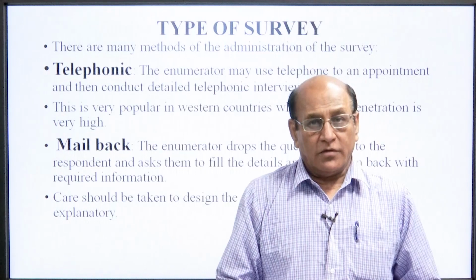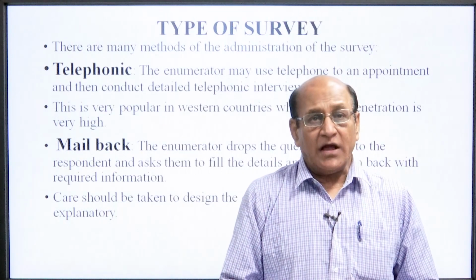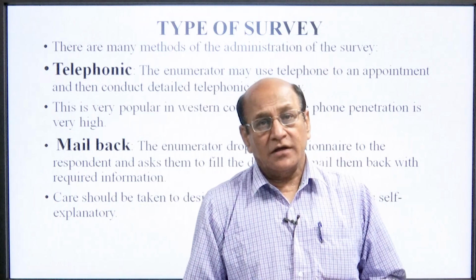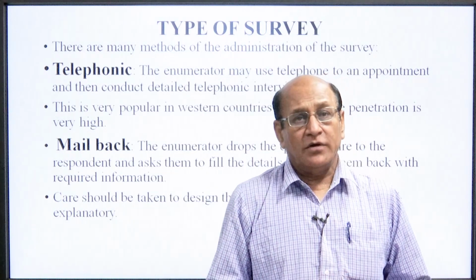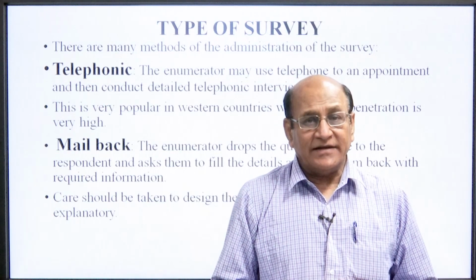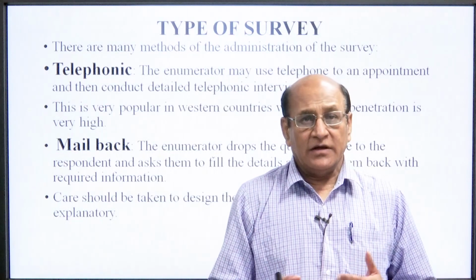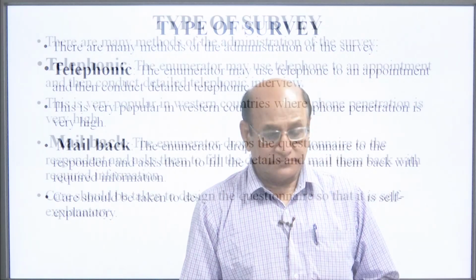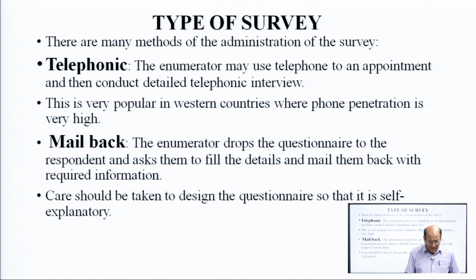So, in the previous lecture we concluded one type of survey, that is home interview survey. Now, we will continue it. There are many methods of administration of the survey. First is telephonic.